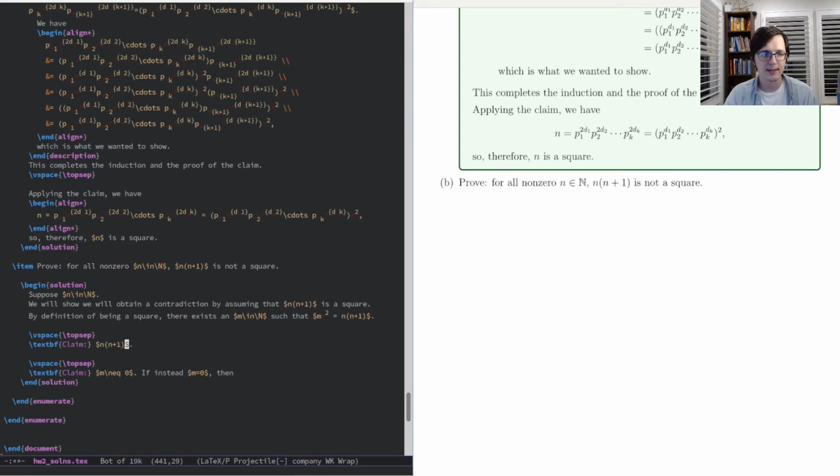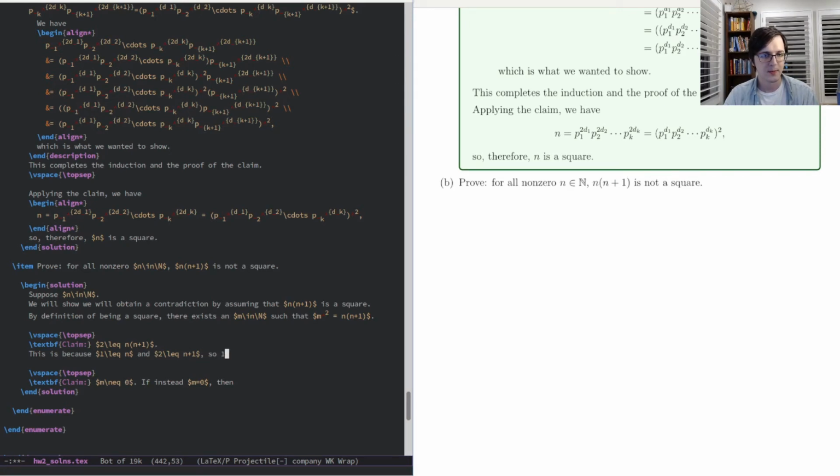Actually, what I want is that it's 2 or more, right? Because if n is 1, then it's 1 times 2. This is because 1 is less than or equal to n, and 2 is less than or equal to n plus 1.